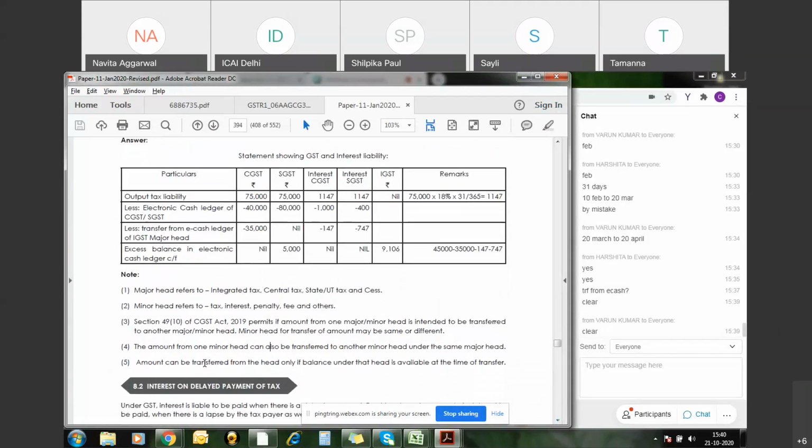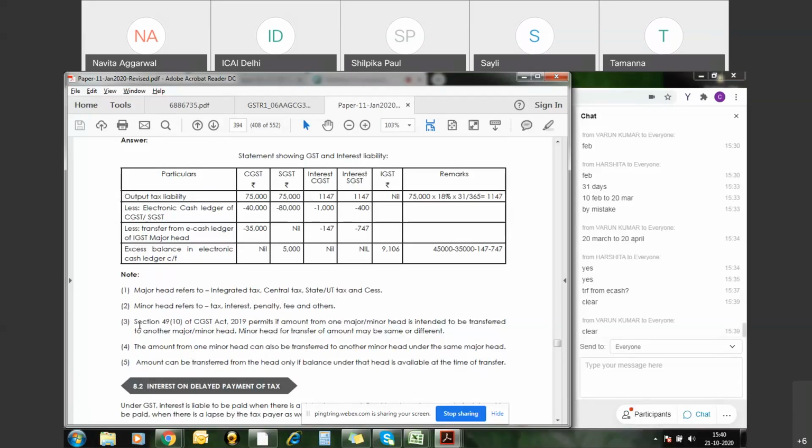See, in the notes it is written, the fifth note: amounts can only be transferred when the balance is available in the other heads, otherwise you cannot transfer. Now point number 4: the amount from one minor head can also be transferred to another minor head under the same major head.